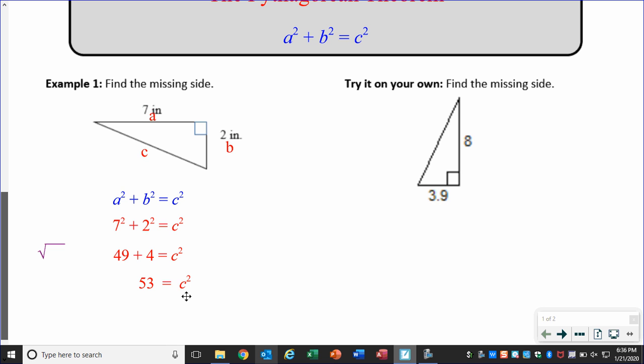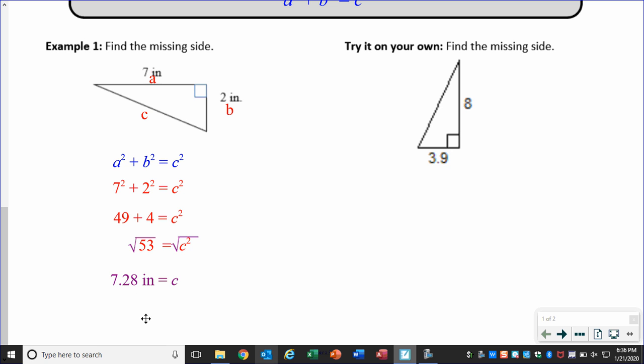To undo squaring, we take the square root of both sides, because a square root and a square cancel each other out. This side will just be left with C, and the other we can do in our calculator. We get 7.28 equals C, and that's the length of the hypotenuse.